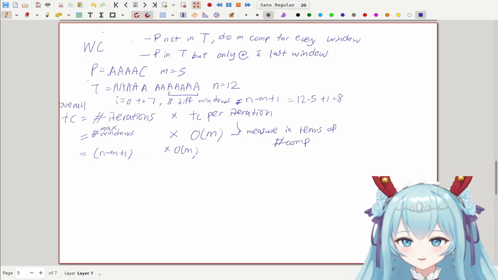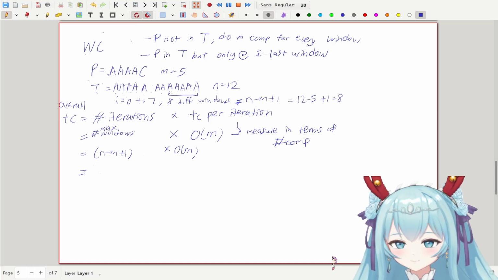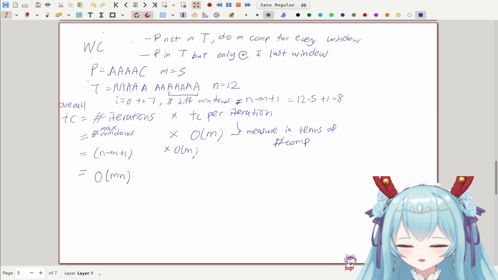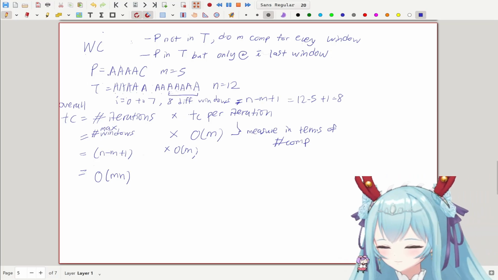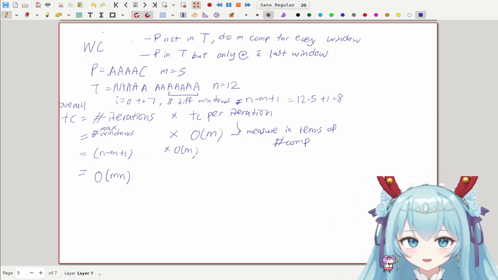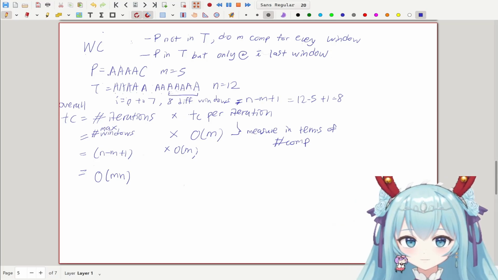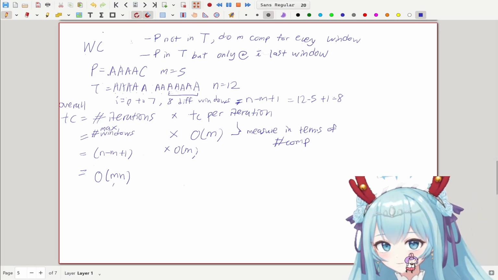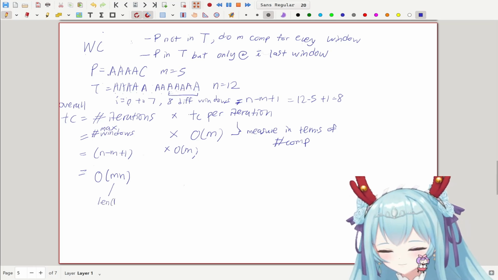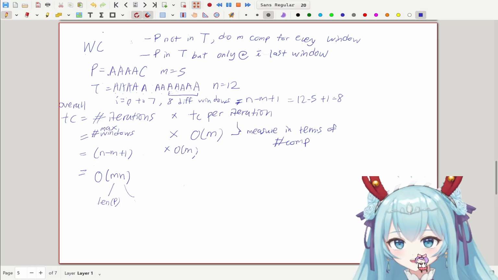So this final result basically equals O of MN. This is the worst case time complexity for this brute force method. And remember, M is the length of P and N is the length of T.